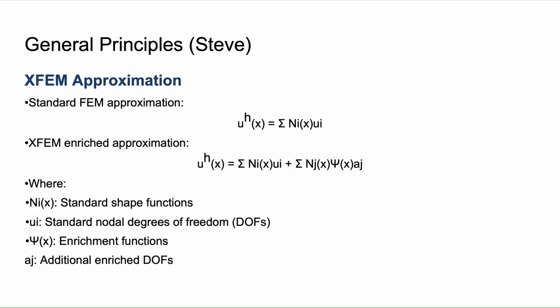psi(x) represents our enrichment functions that capture the special features of the solution, and ai represents the additional enriched degrees of freedom that determine the amplitude of these special features.